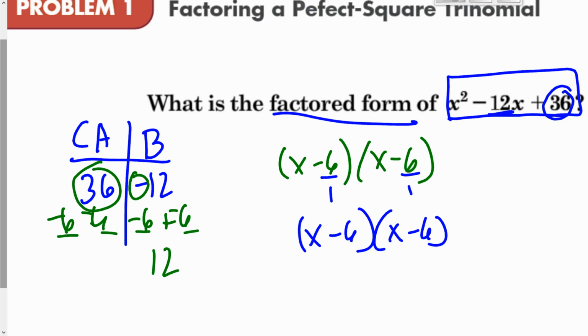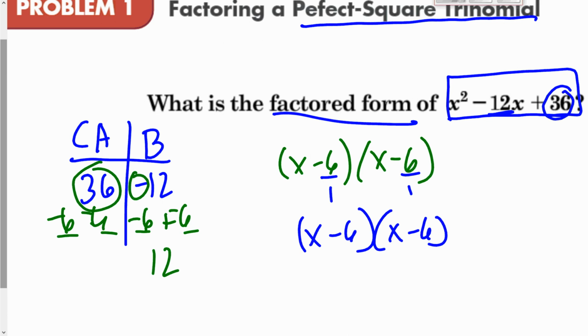trinomial, quadratic trinomial. Okay, so once you get good at these, you can recognize, oh, that's a perfect square trinomial, right? Because this is x squared, it's 1x squared, and x squared is a perfect square, and 36 is a perfect square. So it's called a perfect square trinomial.